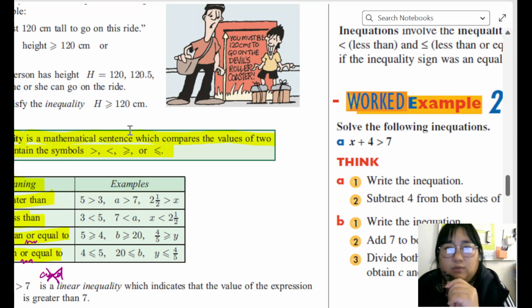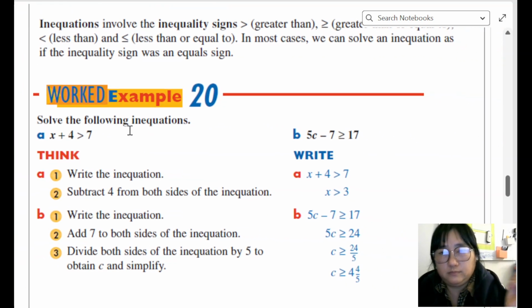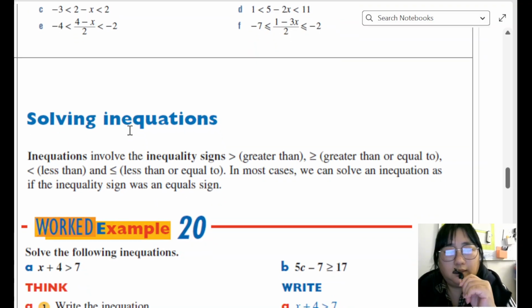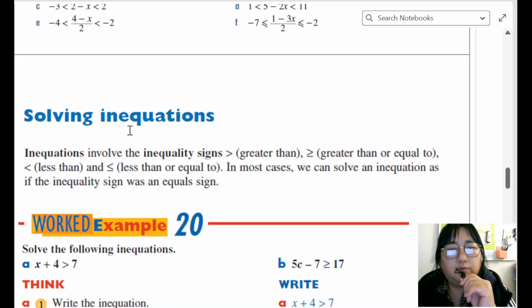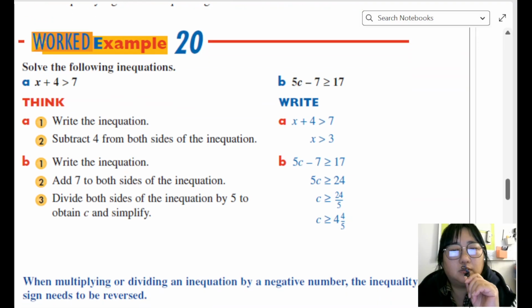Now we have a look at another thing. Another thing is we have to solve this kind of inequalities, or inequations.